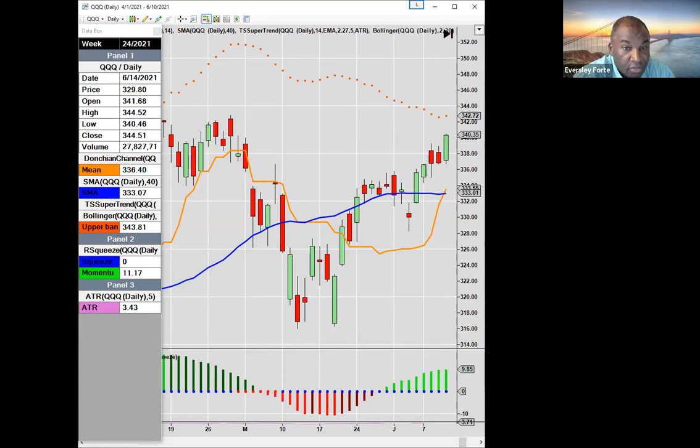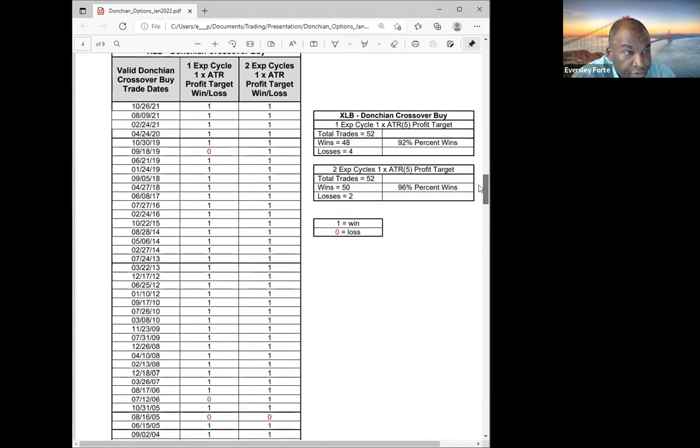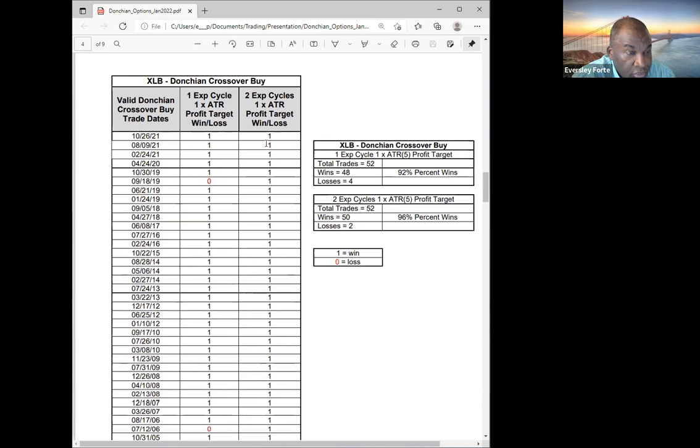When I say statistics, I'm going to go back to the handout and show you what I mean. So I'm back on the handout now. For every ETF we trade, there are 28 ETFs with different sectors. We know percentage-wise what to expect historically, and it doesn't really change all that much.